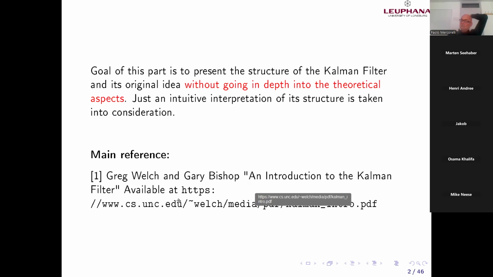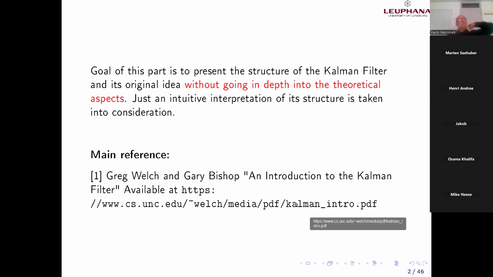It's a summary, which is available at this address here. It's the famous summary. Of course, nevertheless, it is a good summary for people or scientists who already know a little bit about the Kalman filter, because again, it's extremely compact.